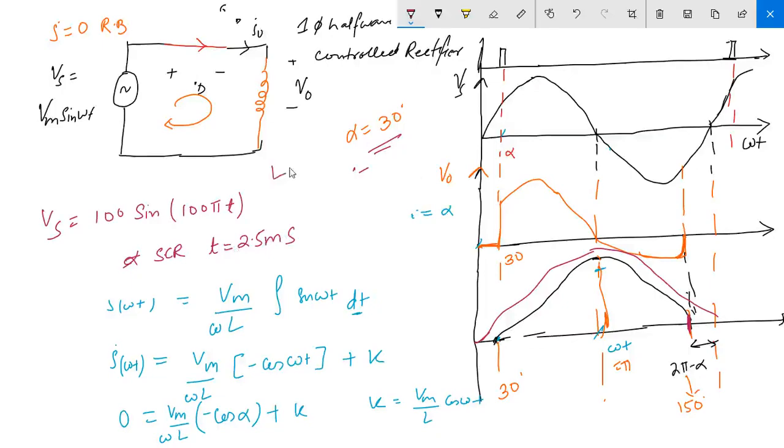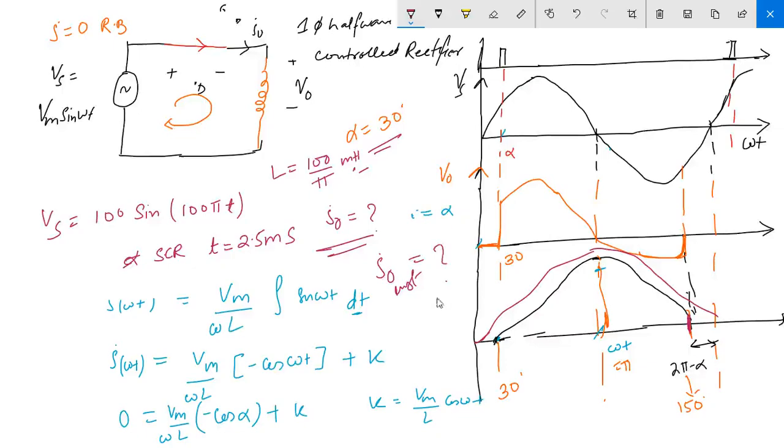Your inductor value is 100 upon pi millihenry. Find out the average value of your current, or the instantaneous value also.